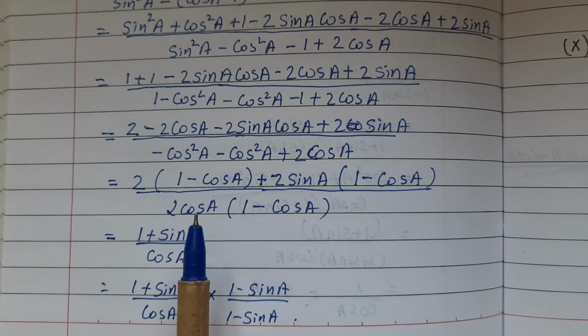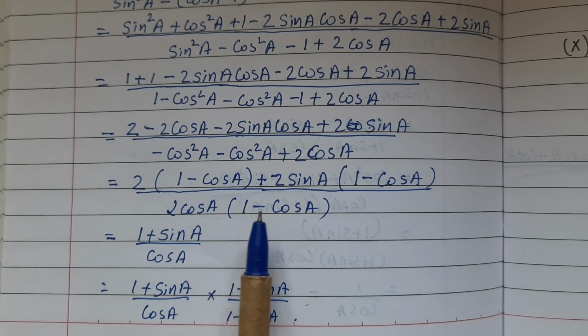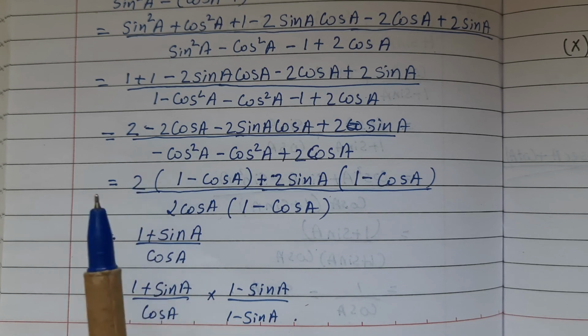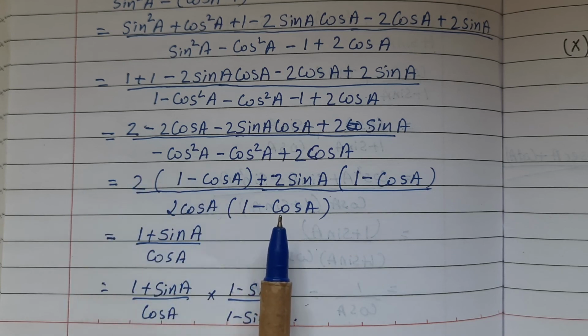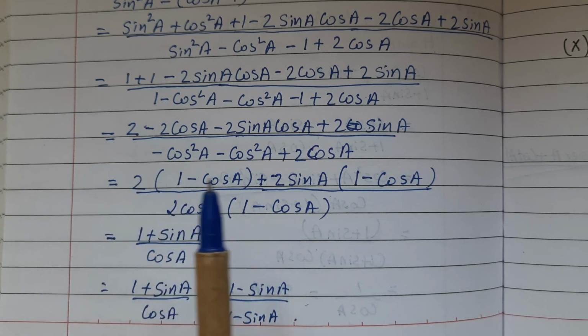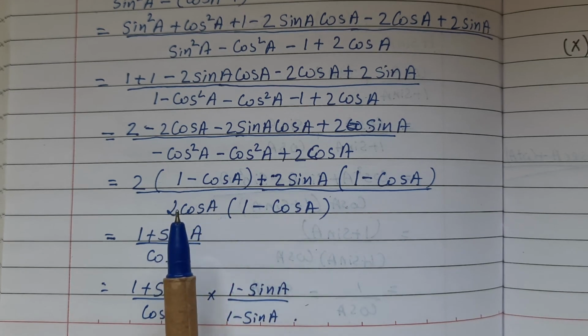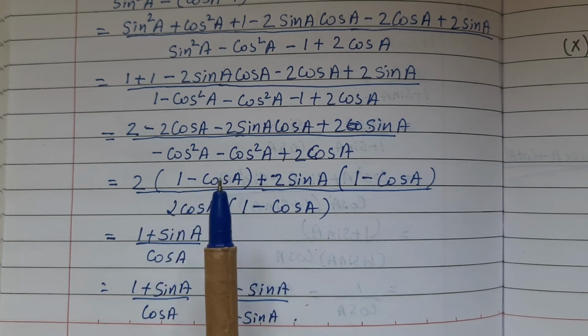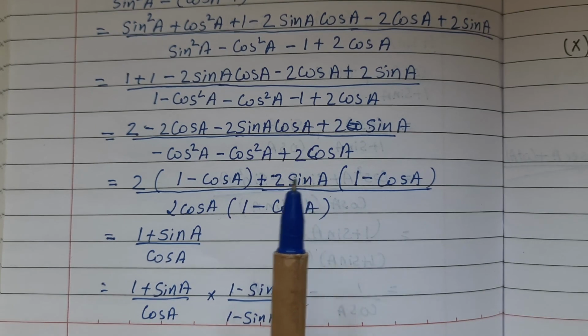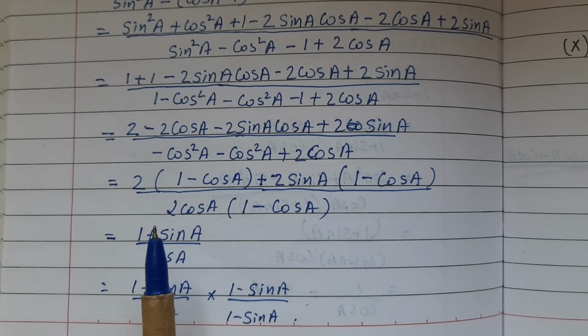So 2 cos a is common, remains as 1 minus cos a. 1 minus cos a is common here, so it will cancel with the denominator. Okay, 2 is also common, so 2 will also get cancelled. Remains 1 plus sin a upon cos a.